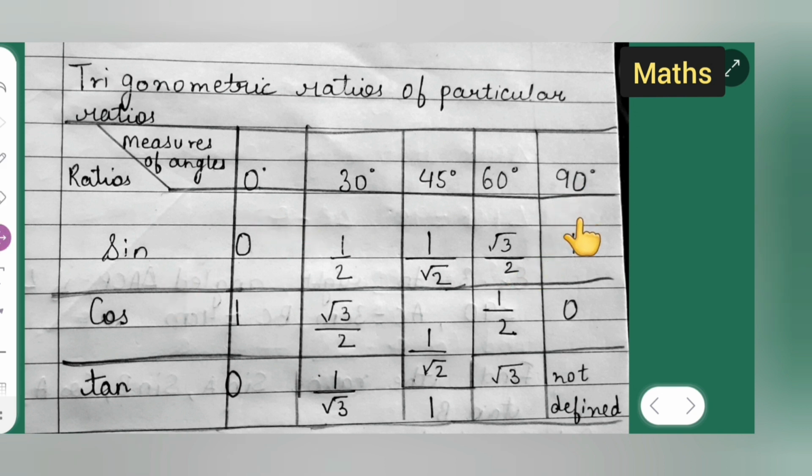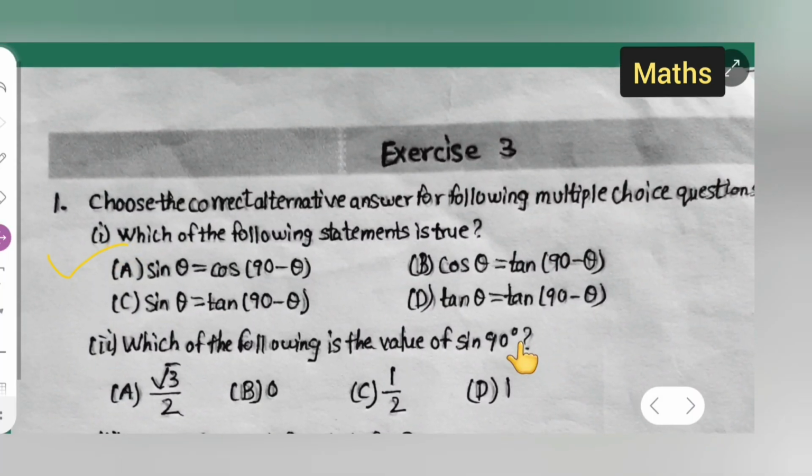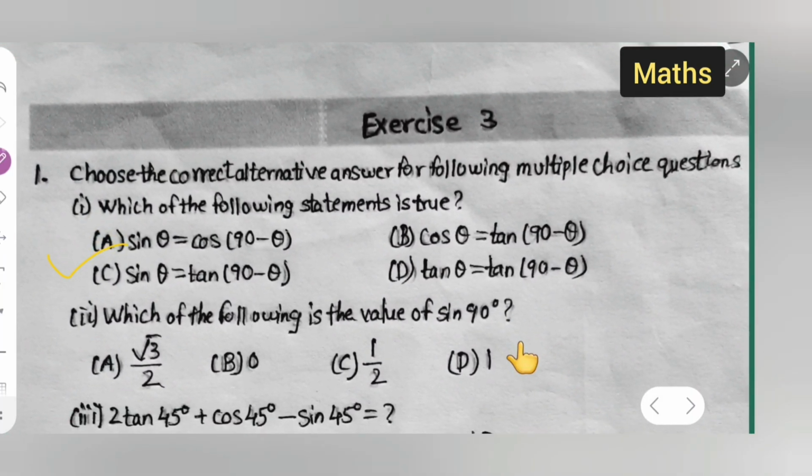So sine of 90 degree is nothing but 1. Here sine of 90 degree is nothing but 1. This option is the correct option, okay?